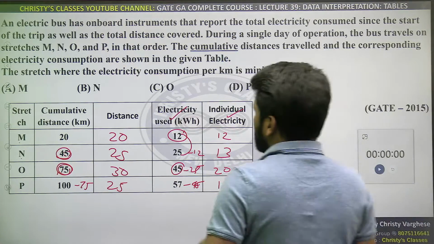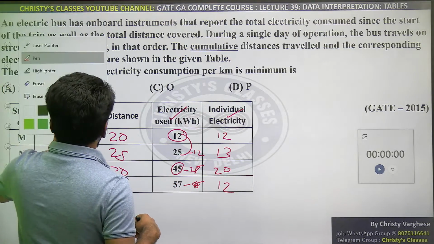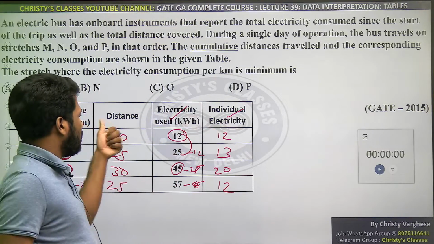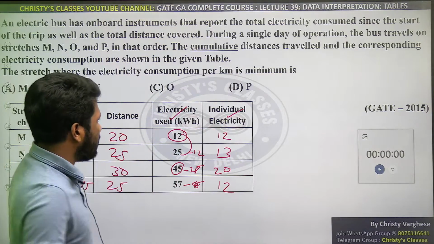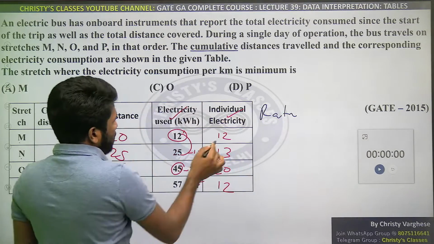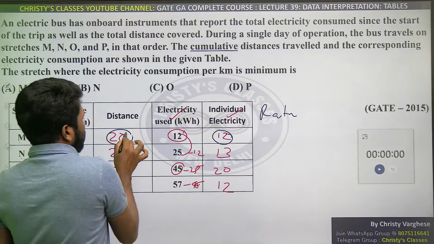Okay, if this is clear then listen very carefully. We need the stretch where the electricity consumption per kilometer is minimum. Electricity per kilometer means individual electricity divided by distance. So the required ratio for stretch M is 12 kilowatt electricity used for 20 kilometers.